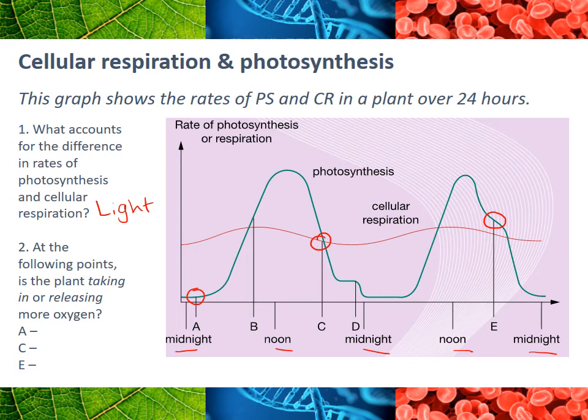So think for a second, which of these processes, is it photosynthesis or respiration that releases oxygen as a byproduct? Pause for a sec if you need. Okay, so it is the process of photosynthesis that gives off oxygen. Whereas respiration consumes oxygen.